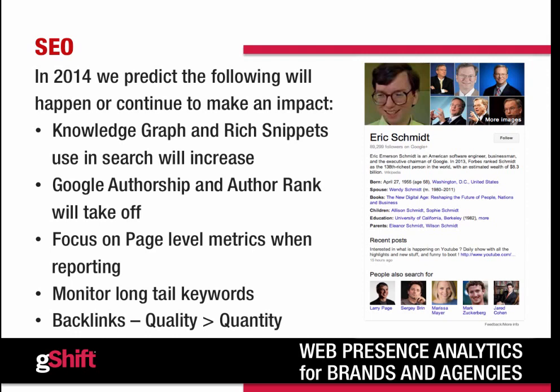Google authorship will continue to rise this year, and the introduction of author rank will probably be introduced later this year. This is a hot topic in 2013 and will continue in 2014. Google authorship is the ability to showcase what content you write and showcase that across the whole internet.